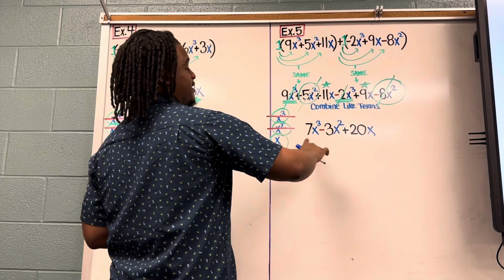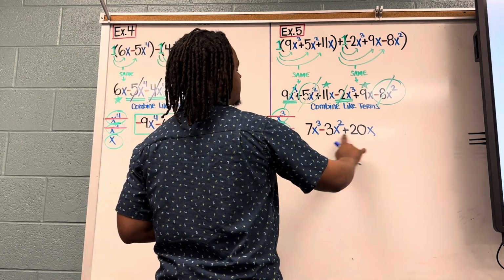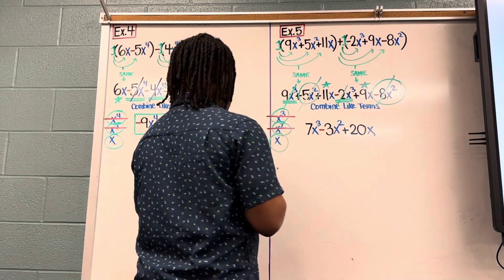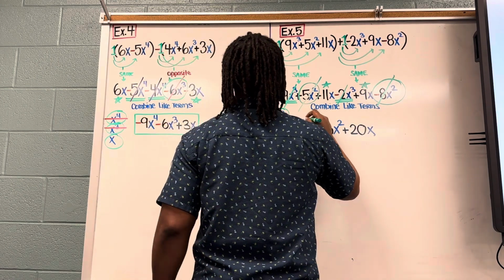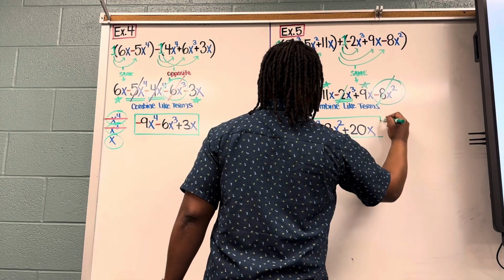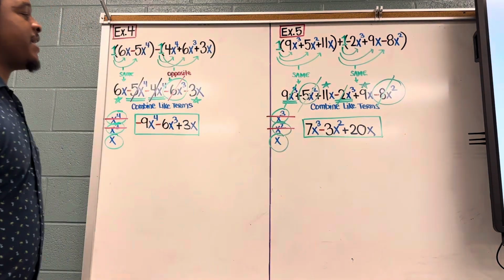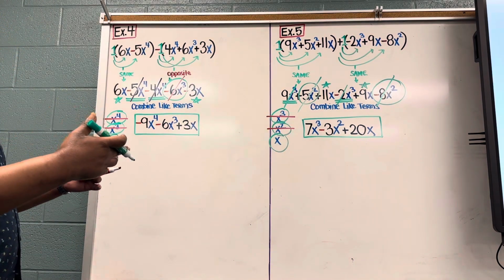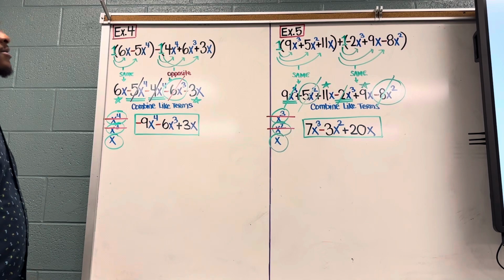Okay, and then once again, because these x's are to different powers or different degrees, I cannot combine these terms. So this is the simplest form of this polynomial expression, which is 7x cubed, or 7x to the third power, minus 3x to the second power plus 20x, okay?